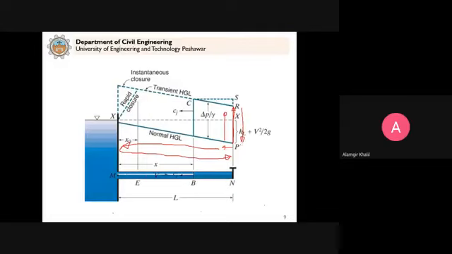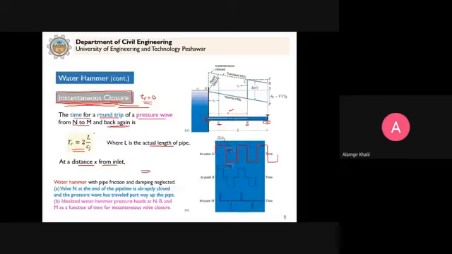So for how much time does the increase in pressure remain at the valve? It remains at the valve for this time, 2L by C, because this is the time the pressure wave takes to come here and then come back and bring the pressure to the normal, for positive and for the negative again.